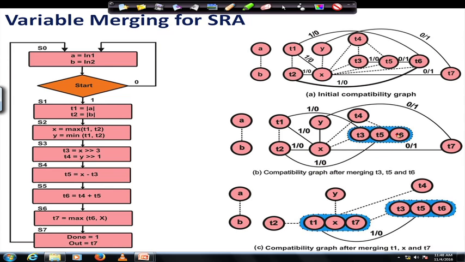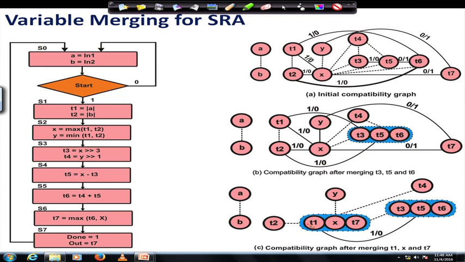Now, once that is merged, what else can come with this? We saw this in the last class. T1, X and T7 can also be merged, because that will give me a benefit of again 1, 1, the same thing. So, I merge them.